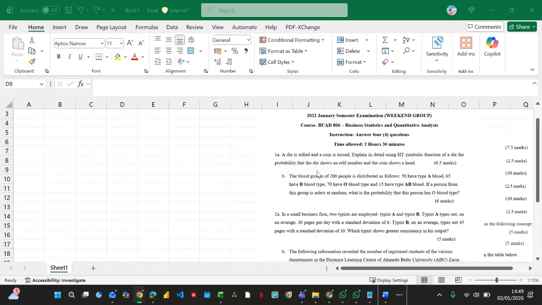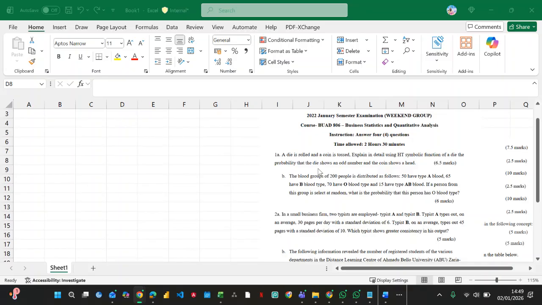So now, let's start with question number one. It says a die. If you play Ludo, you see that die that they use to toss. The total outcome on that die is actually six; the highest is six.